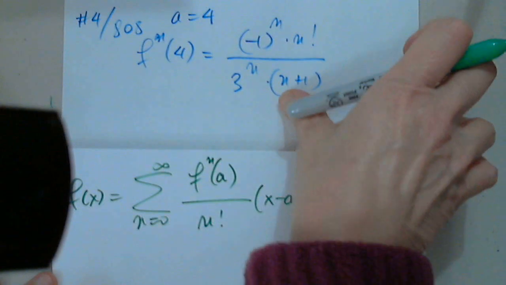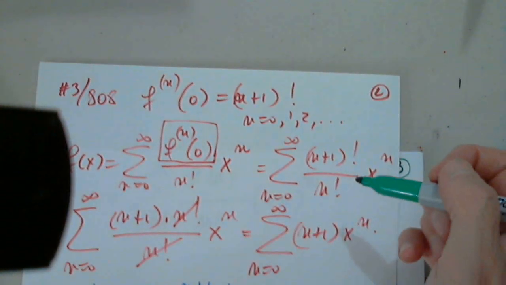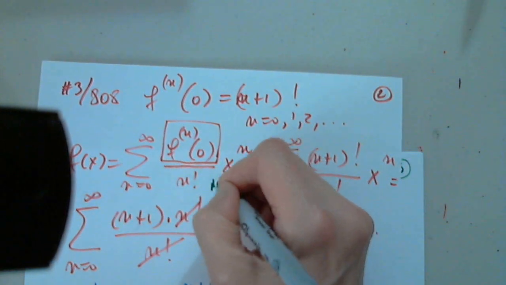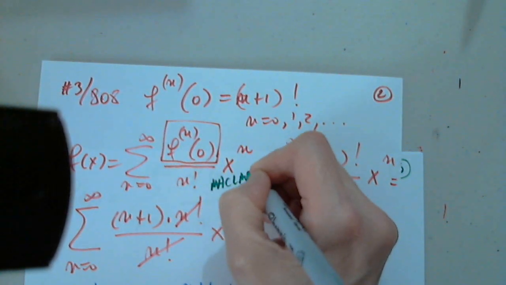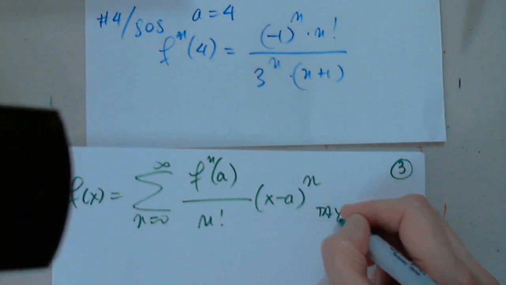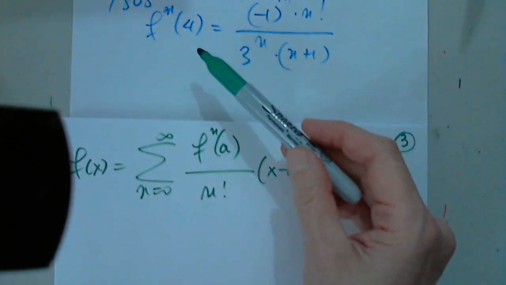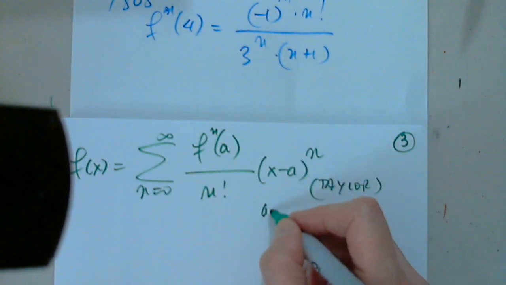This is the Taylor. So let me write here, maybe I should write Maclaurin. Okay, and here maybe I should write Taylor, so we know. Okay, perfect. So in our case, a equals 4.